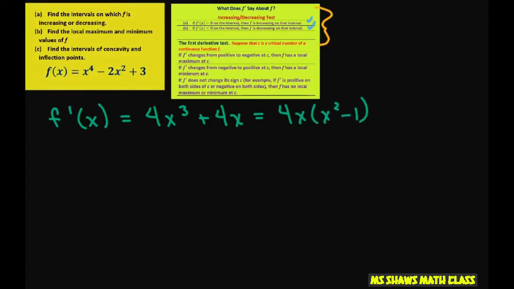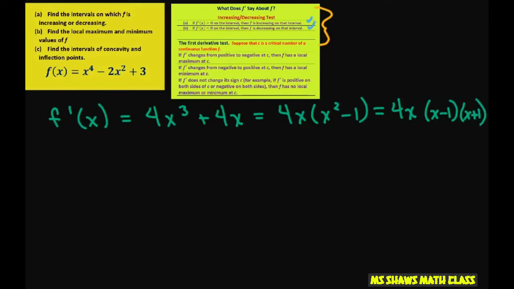So we're going to take this first derivative, f prime of x, and that's going to give you 4x cubed plus 4x, which equals 4x times x squared minus 1, which equals 4x times x minus 1 times x plus 1.